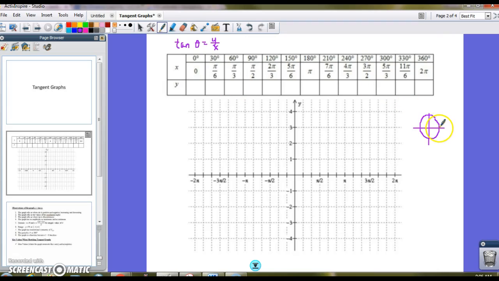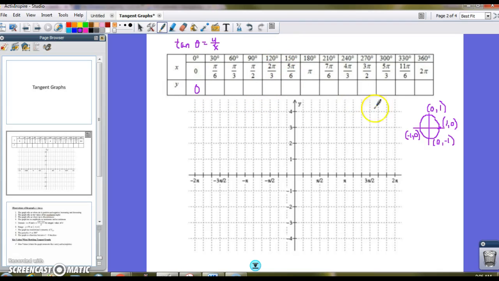So we also need our unit circle to find our quadrantal angles. So I've got 1, 0, 0, 1, negative 1, 0, and 0, negative 1. Okay, so tangent is y over x. So at 0, my tangent is 0.